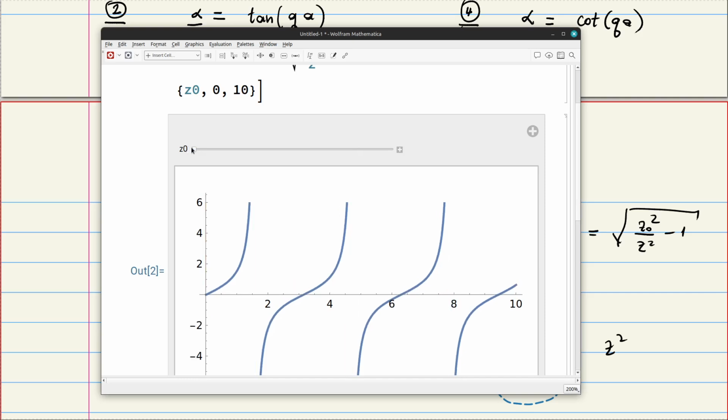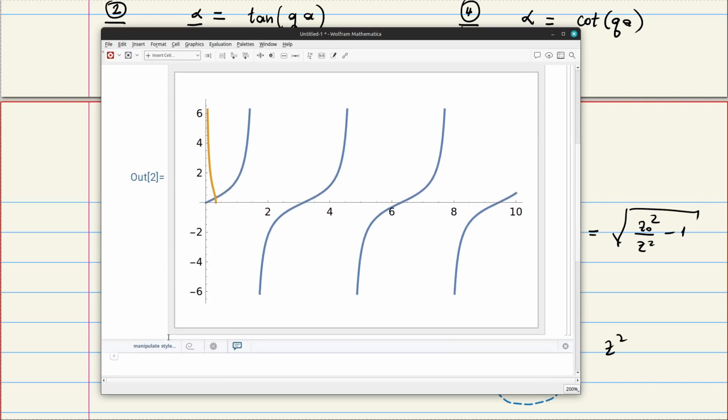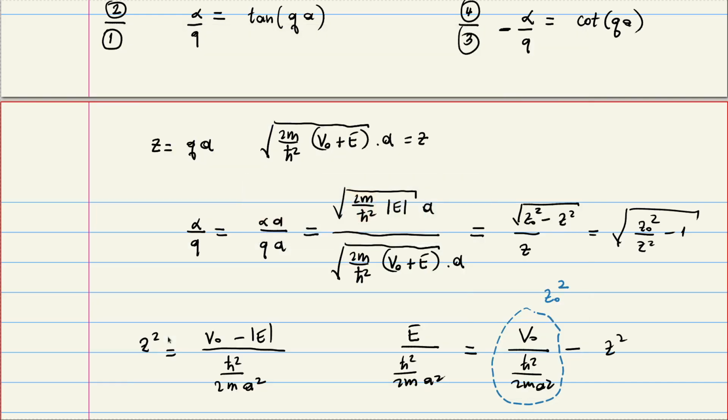Even if z naught is 0, you can see this orange line comes from minus infinity, and this guy goes through 0. This guy comes from minus infinity and intersects the x-axis. That means even if z naught is infinitely small, they have to intersect at least one time. Okay? So that means there's at least one bound state.